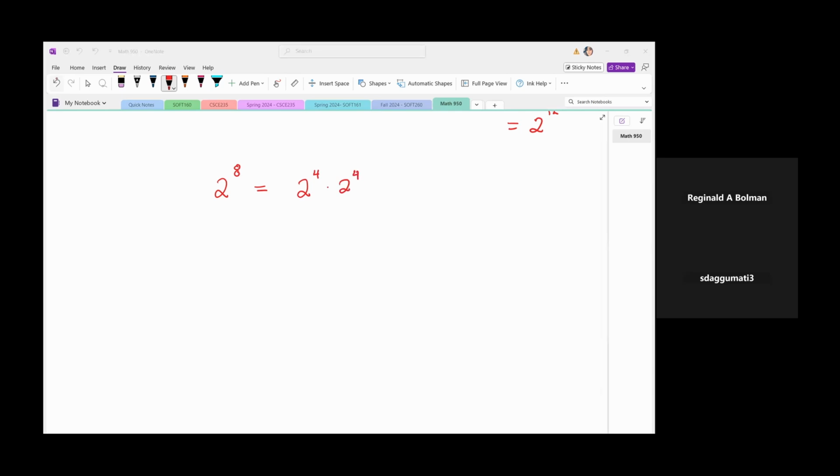But note at this point that you have 2 sets of 2 raised to the 4th power. So this, technically speaking, would be the same thing as saying that you have 2 to the 4th quantity squared.